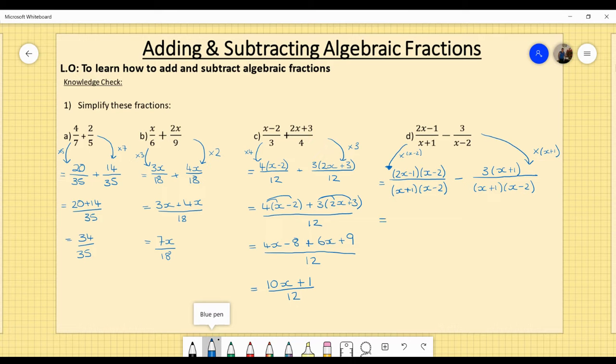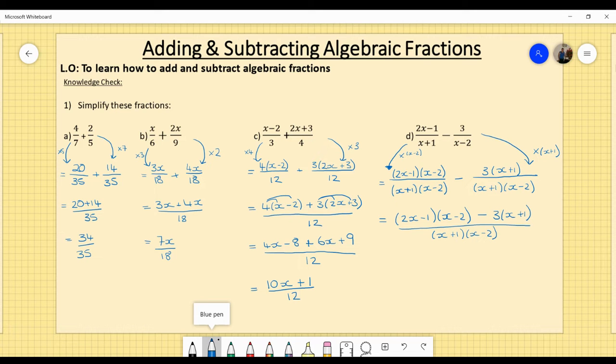Okay, then I can write my numerator out a little bit better. So I've now got 2x minus 1 and x minus 2, take away 3 lots of x plus 1. And because it's a takeaway, it's really important that you are careful when you come to expanding your brackets, all over x plus 1, x minus 2.